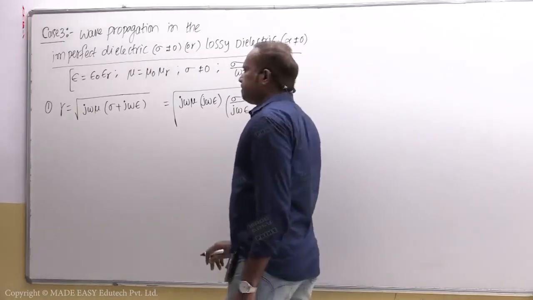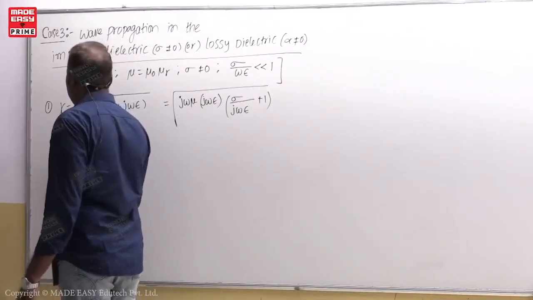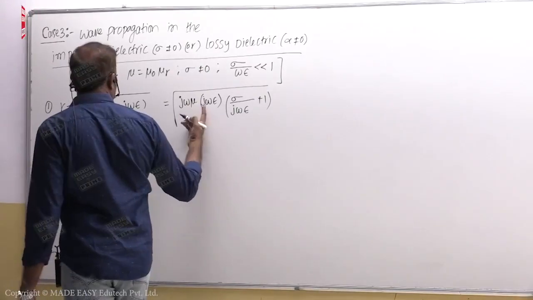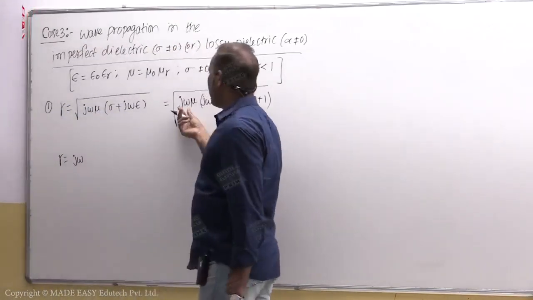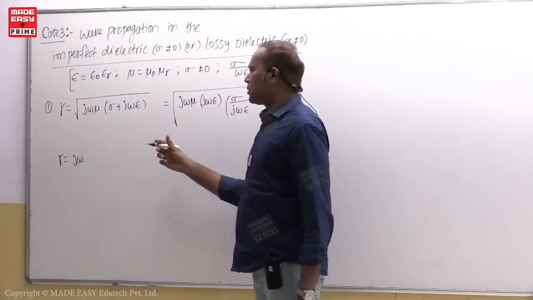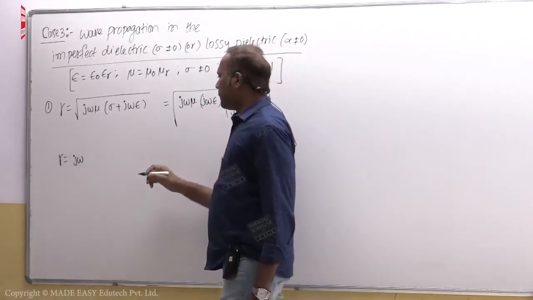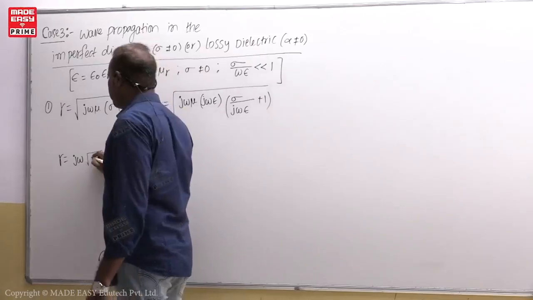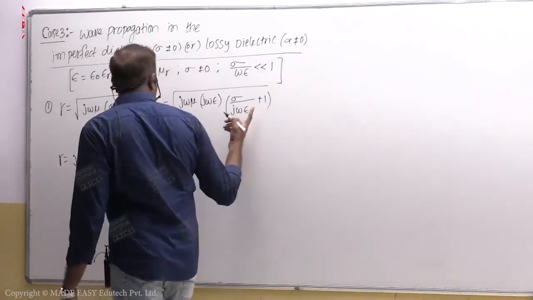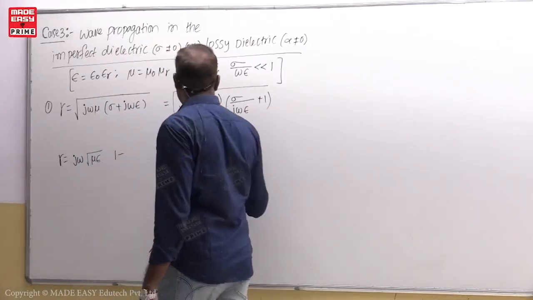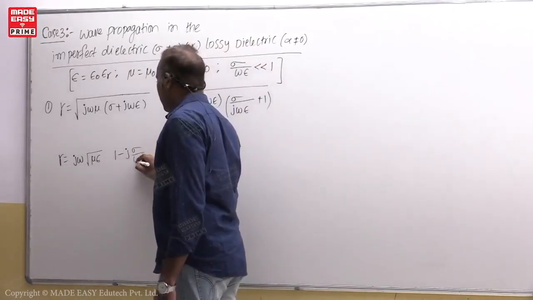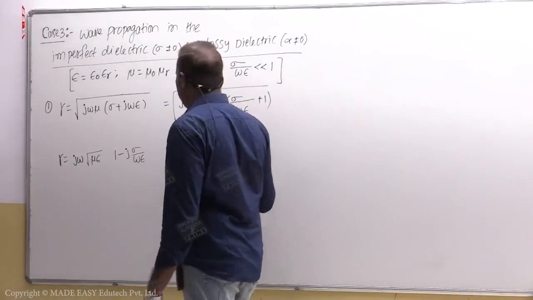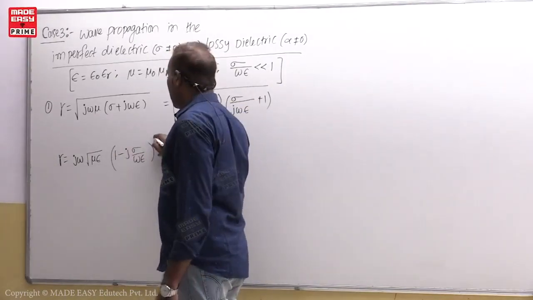So ultimately gamma is equal to j omega, it comes outside, j omega square inside the root comes outside as j omega, then root mu epsilon, then 1 minus j sigma by omega epsilon, because 1 by j is minus j. The root is there, so the whole thing is to the power half.